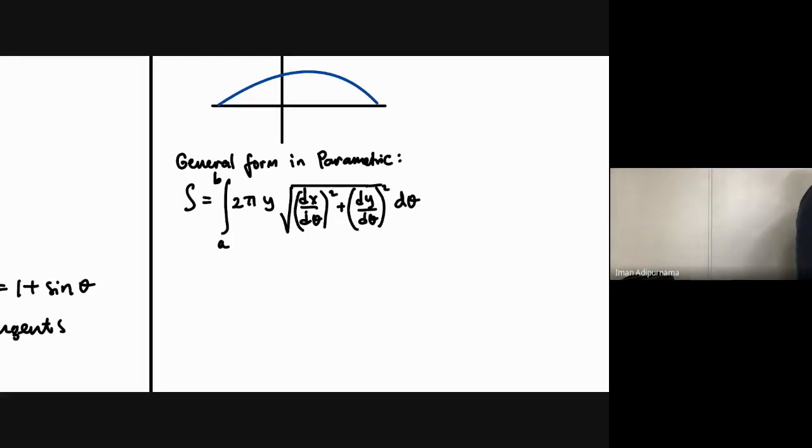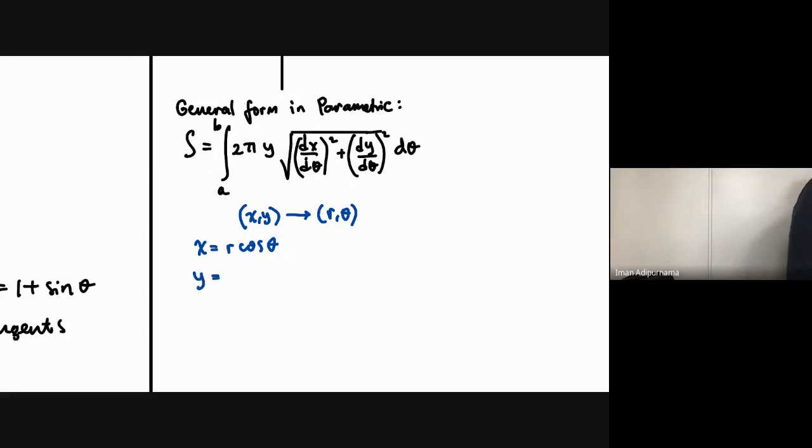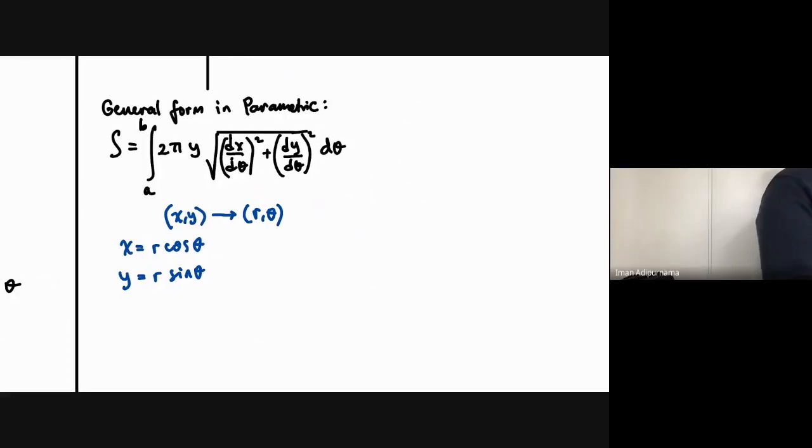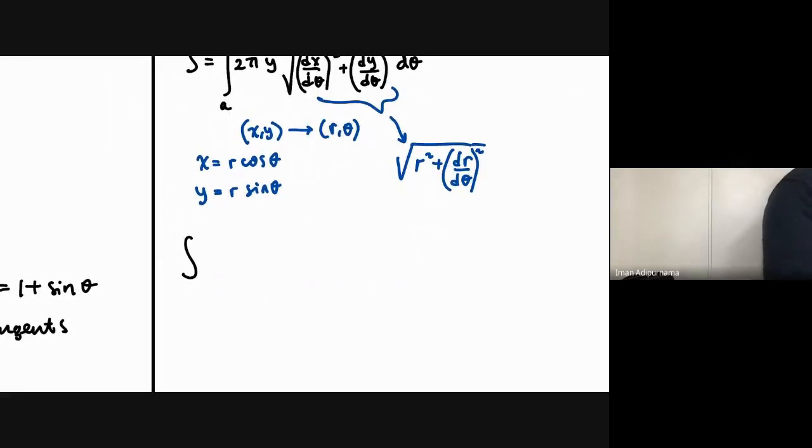And to generate the area of surface in polar, we need to convert. We know from the previous arc length, we can change this to the square root of r squared plus dr over d theta squared, right? So let's write the new surface area.